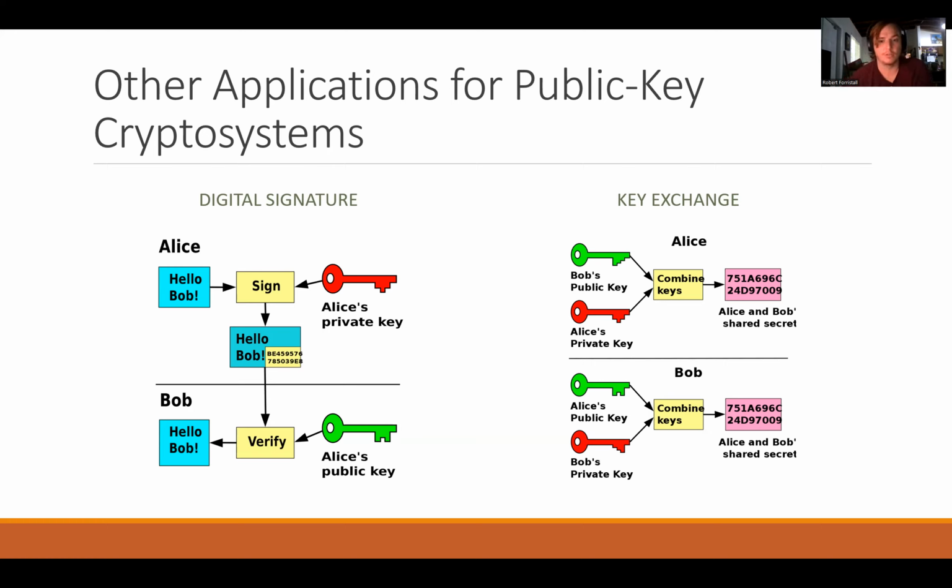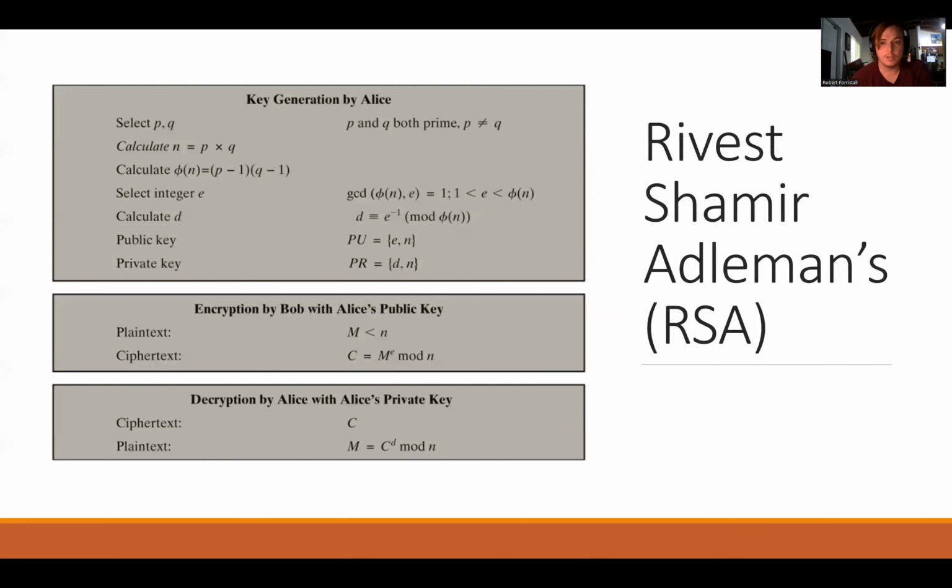So some implementations of this method of encryption, the most popular being Rivest-Shamir-Adleman, or RSA. This is an asymmetric block encryption algorithm, which encrypts blocks of data piece by piece.